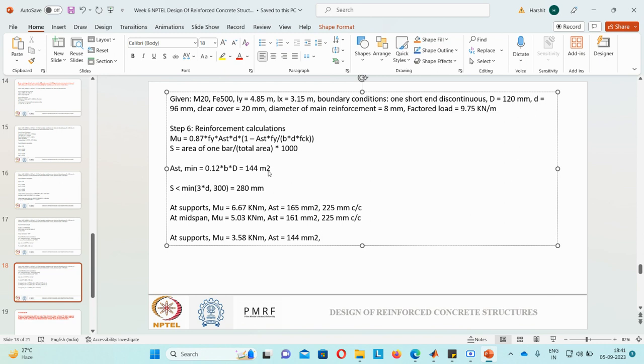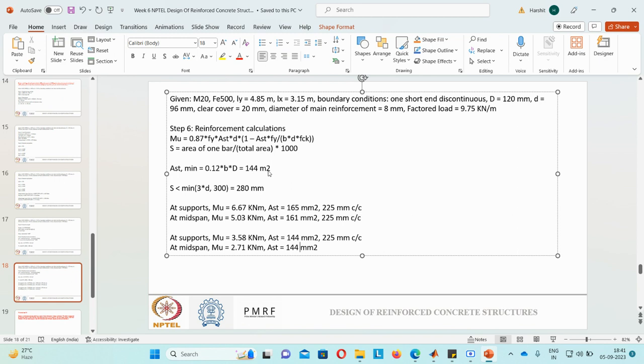Again, you can provide this at a spacing of 225 mm center to center, for safety. And at midspan, Mu is 2.71 kilonewton meter. Your Ast will come out to be 66 mm square, but again, this is smaller than the minimum Ast that we need to provide.